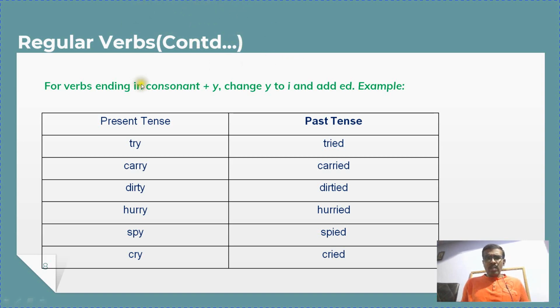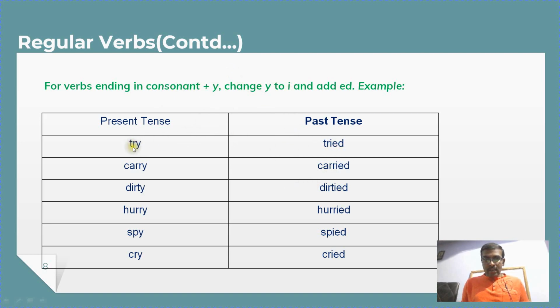Here, for verbs ending with consonant plus y, I'll teach you. In try, the second letter is r. R is the consonant, plus y, right? So consonant plus y, you have to change the y to i. That means you remove the y and in its place add i.